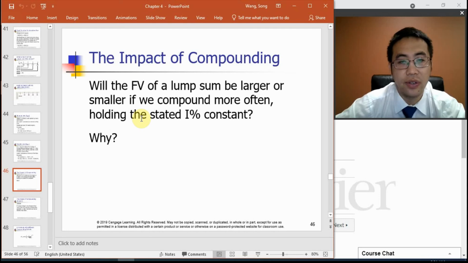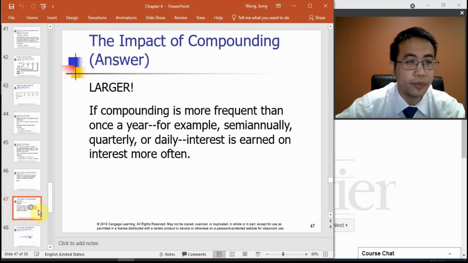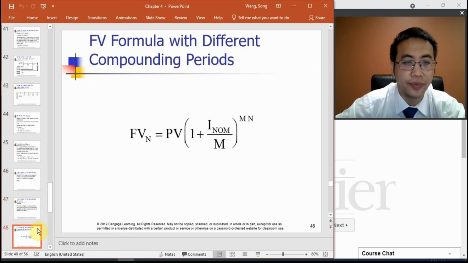And how does that apply to the calculation of future cash flow? Will the future cash flow be larger or smaller if we compound it more often, holding the interest rate constant? So when I say compounding more often, definitely daily compounding is more frequent than monthly compounding, and the monthly compounding is more frequent than quarterly compounding, and so forth. So definitely, if your compounding frequency increases, you will end up with a larger future cash flow.